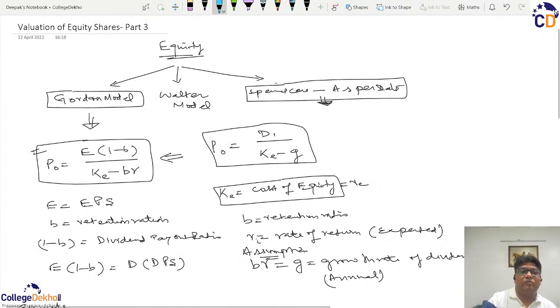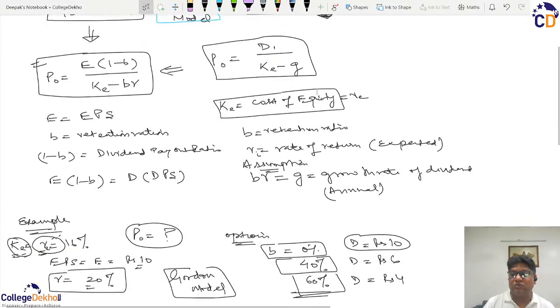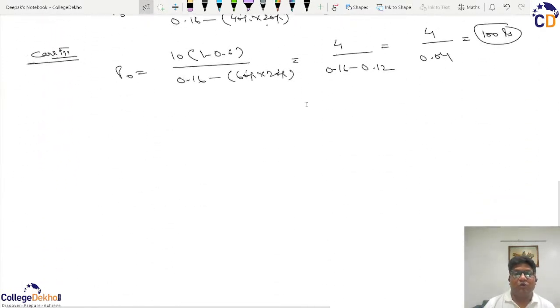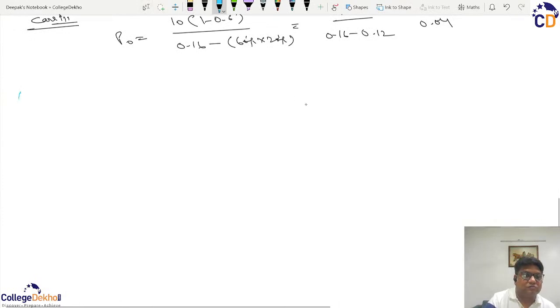Now if we move on to the Walter model, we can also use the Walter model for the valuation of the equity share by using the formula.